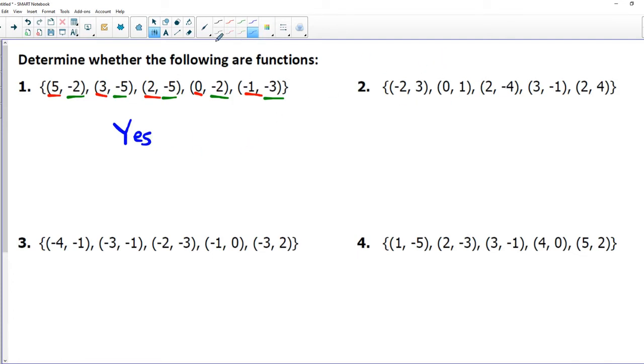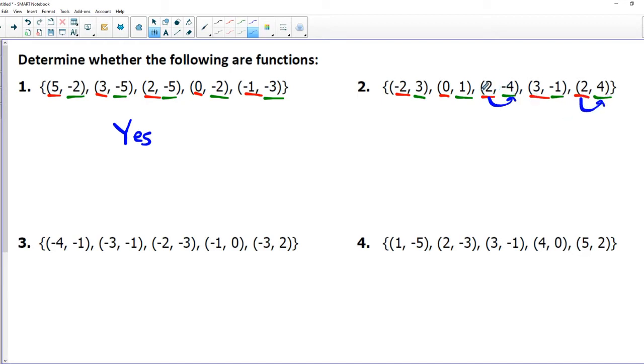All right, over here, same thing. X's, let's focus on those, and Y's in green. All right, so let's take a look. If I look carefully, I see that 2 goes to -4, but it also goes to +4.